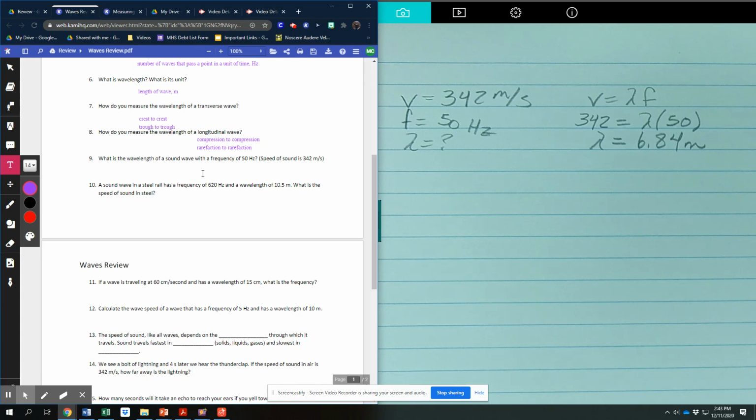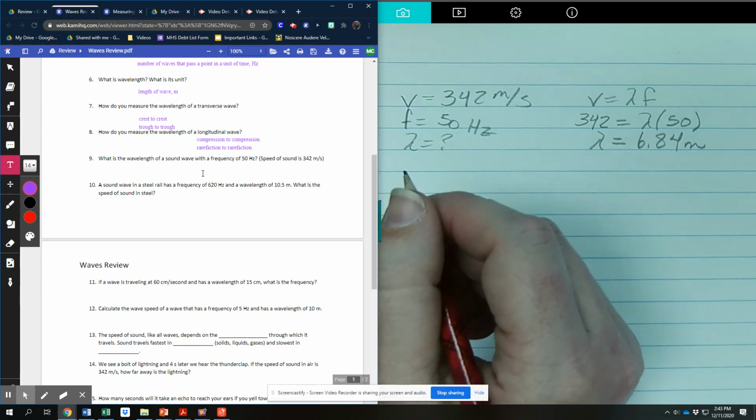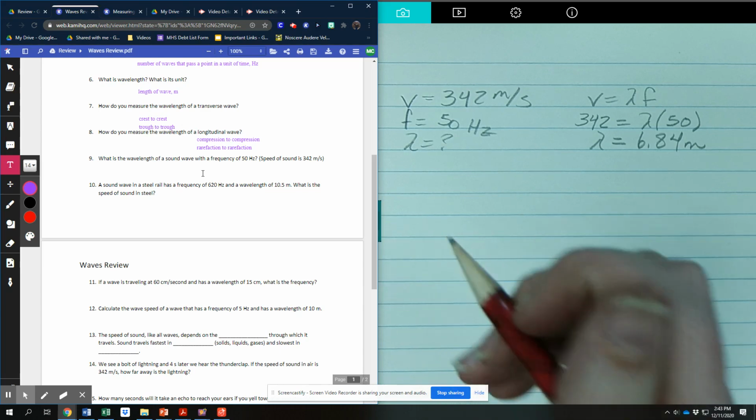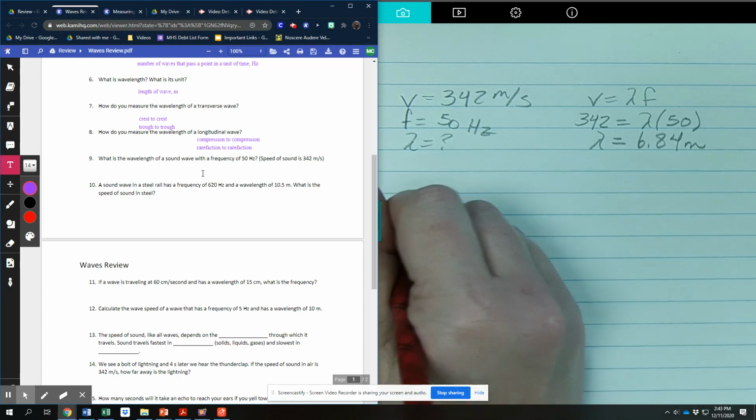Okay, number 10 says, a sound wave in a steel rail has a frequency of 620 hertz and a wavelength of 10.5 meters. What's the speed of sound in the steel rail?